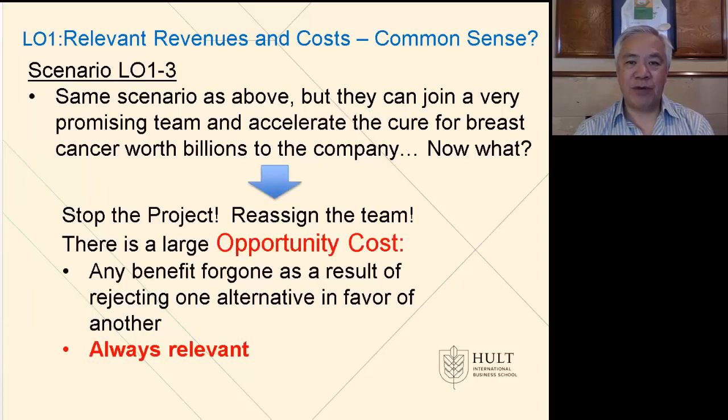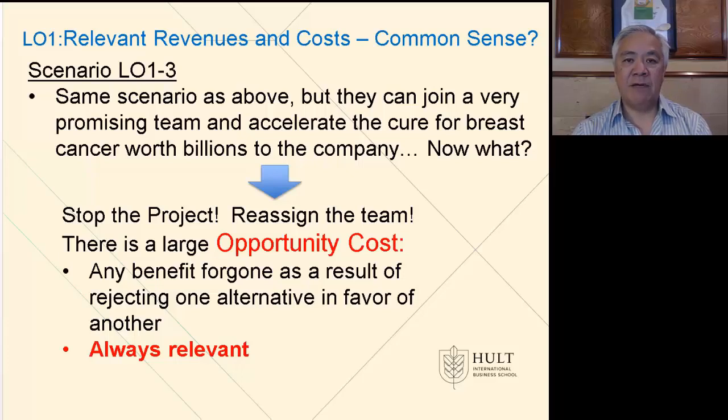The answer is stop the project, don't chase dog pimples, and reassign the team, because this major opportunity could accelerate the development and possibly even increase the chance of success. This is the notion of opportunity cost. With every decision, not only are there past considerations, but there's an opportunity cost of what would happen if you did not do this.